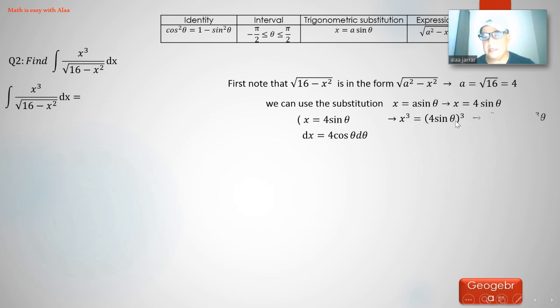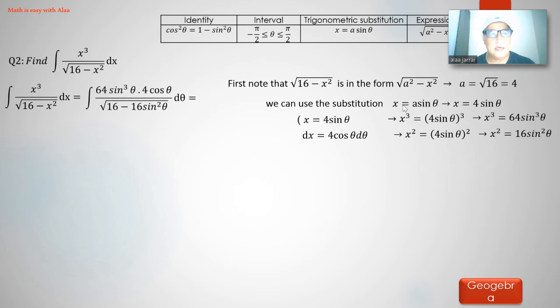It means that x cubed equals 64 sine cubed theta, and x squared equals (4 sine theta) squared, means that x squared equals 16 sine squared theta. Now, we will replace x cubed by 64 sine cubed theta and dx by 4 cosine theta d theta, and x squared by 16 sine squared theta.